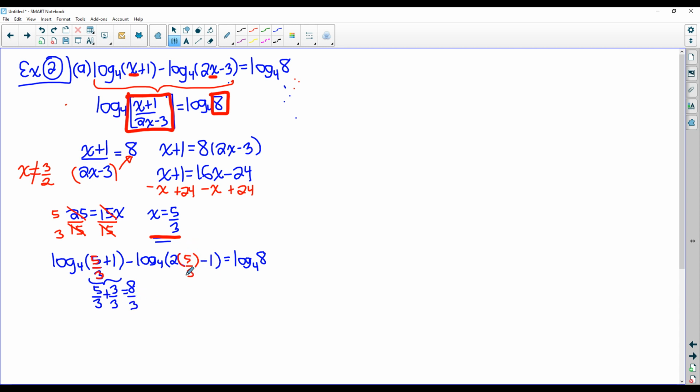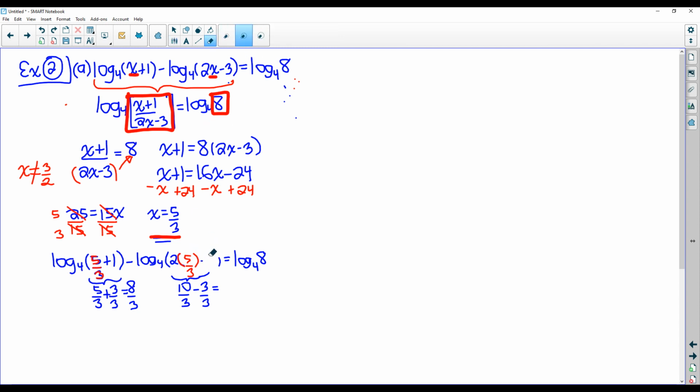And then here, this would be equal to 2 times 5 over 3 would be 10 over 3. And you want to subtract 1, so let's write 1 as a common denominator of 3. So that'd be 10 over 3 minus 3 over 3, which is... oh, sorry, that's not a 1 there, that's a 3.